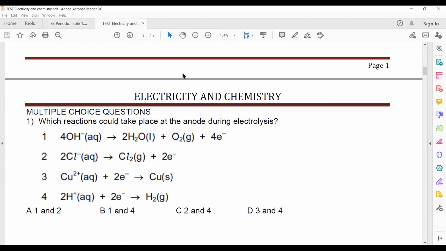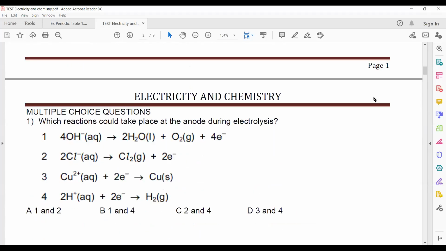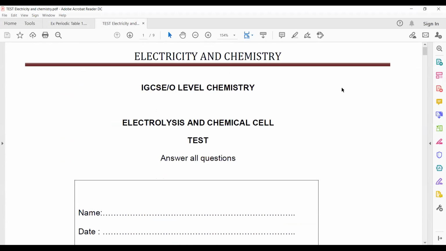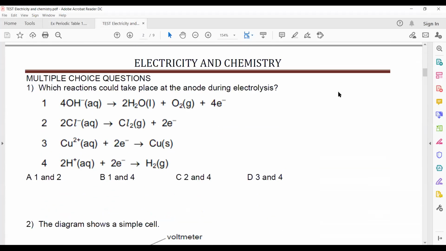Okay, so the electricity and chemistry test paper. Anyone having a doubt in MCQs can mention. This was a test on electrolysis and chemical cells. Anyone having a doubt in MCQs?